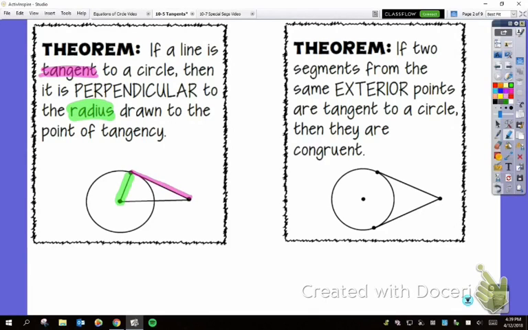Alright, so if the pink line is tangent to the circle, then the radius drawn to that point of tangency is perpendicular, which means it forms our 90-degree angle. Now, our point of tangency here is obviously where our tangent line hits the circle, and that would be this point right there where the two intersect.